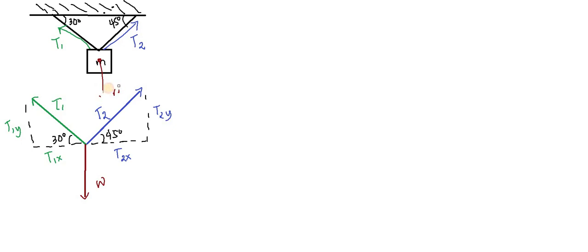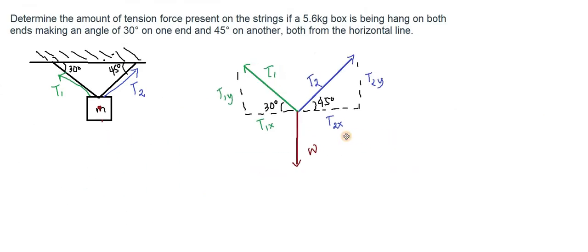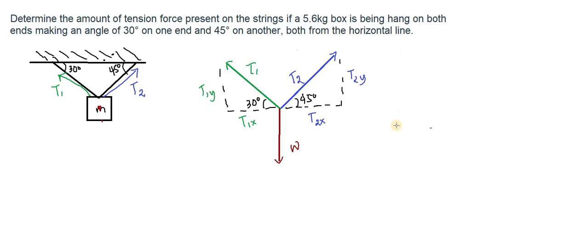Let's erase this first so that we can move it later. So let's have this free body diagram of our forces, which we will be looking at most of the time. Let's write all the given.